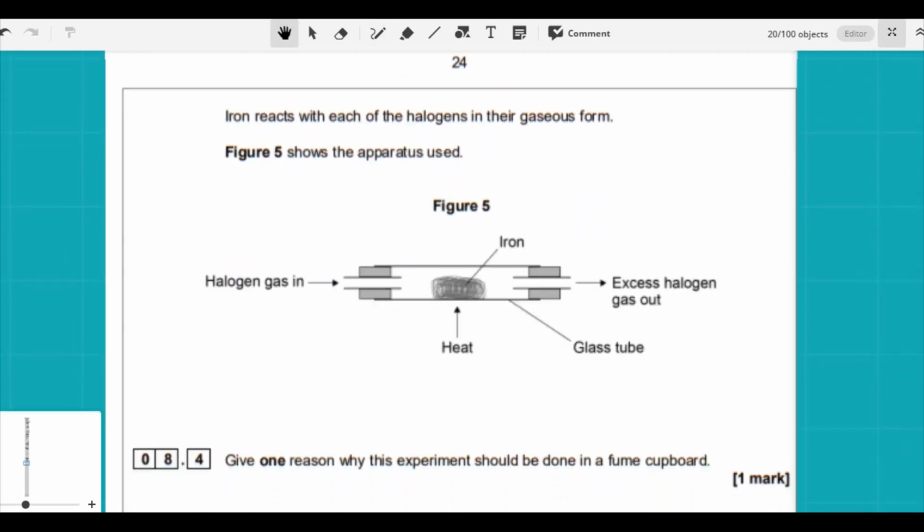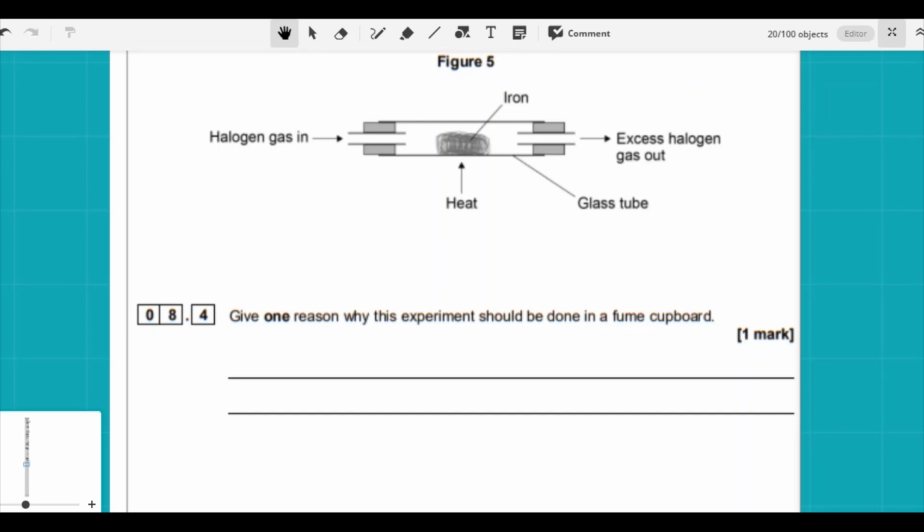Now the next, iron reacts with the halogen in a gaseous form, shows apparatus used. So you can say that the apparatus will be enclosed like a glass tube. So give one reason why this experiment should be done in a fume cupboard. So the first one, because there is the use of halogen, and that halogen is very toxic.